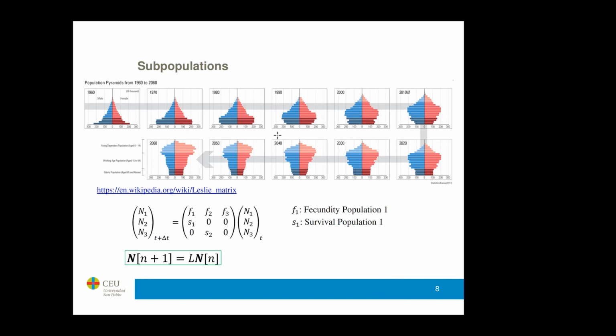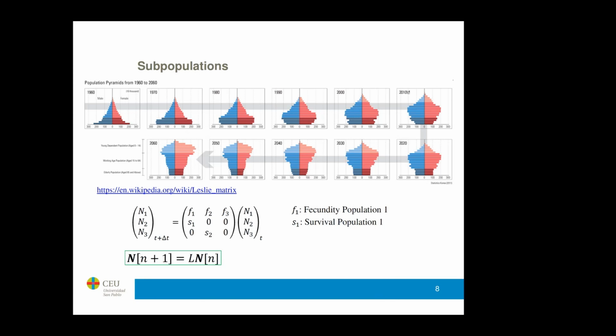So what is the fertility? How many new N1s appear at time n+1, given that the current size of the population at N1 is N1? So it will be a fraction, this fertility or fecundity, F1 times N1, and the same for the other two.